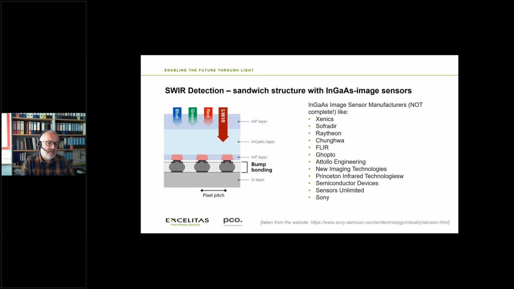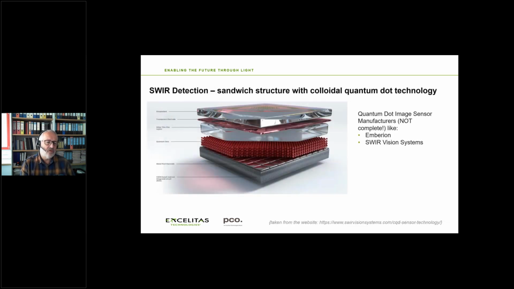Another possibility for SWIR detection is quantum dots. This is shown here on a graphic that I've taken from the SWIR Vision Systems website because it's quite nice. Again, a sandwich structure. In this case, the quantum dots absorb the shortwave infrared radiation and generate the charges, and they are vertically connected to, again, a silicon-based readout circuit.